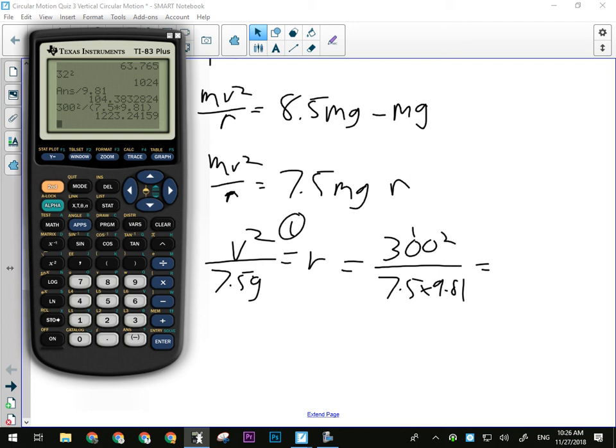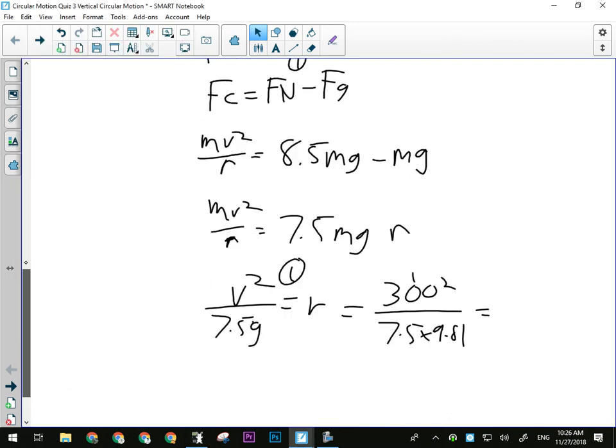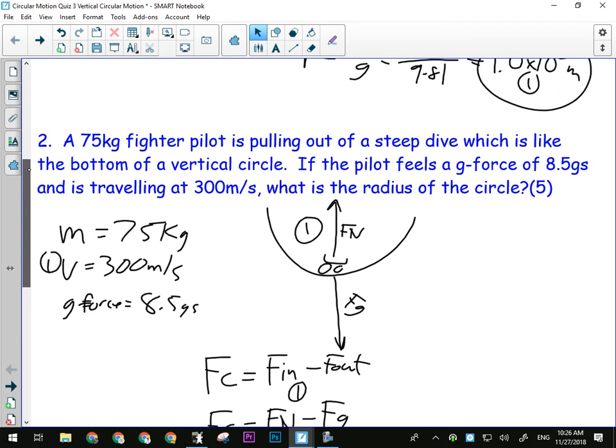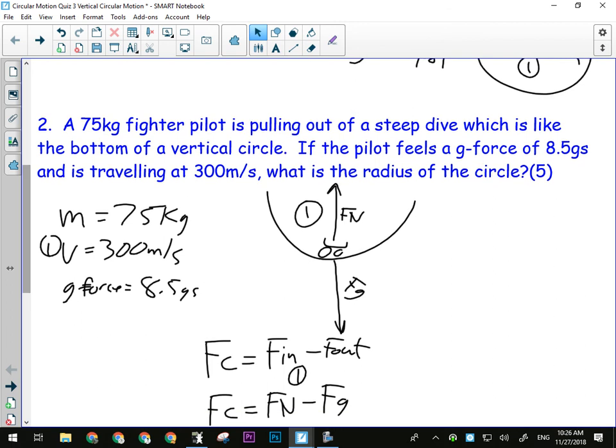It's a big circle. It has to be. The plane's going really fast. If it takes too tight a circle, it'll kill the pilot. This would probably cause the pilot to black out. So we're looking at 1.2 times, actually no, 1.22. Here's why: the 8.5 doesn't get used for significant figures.